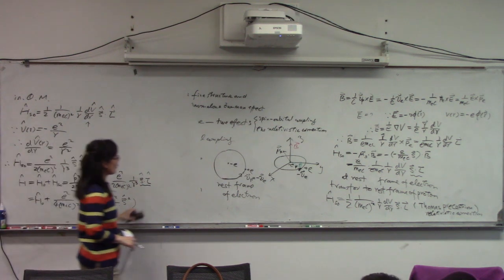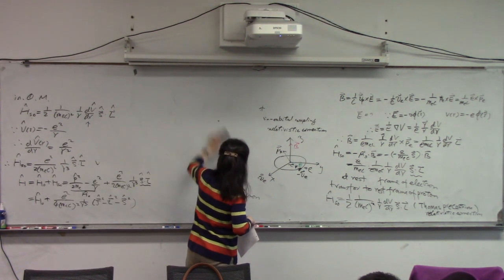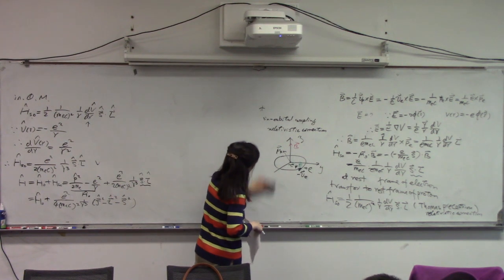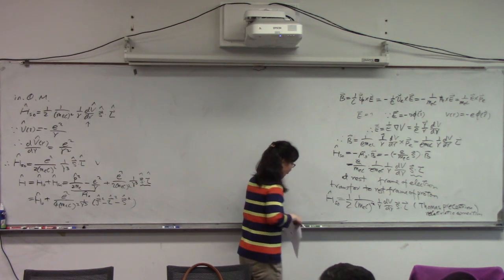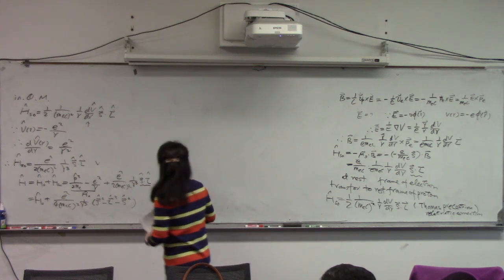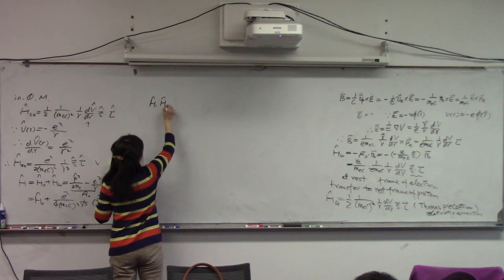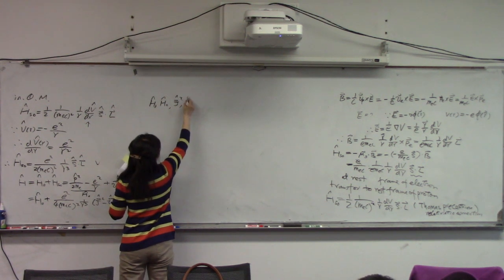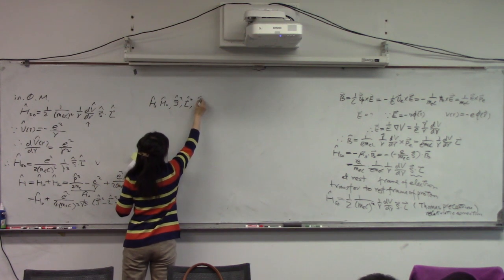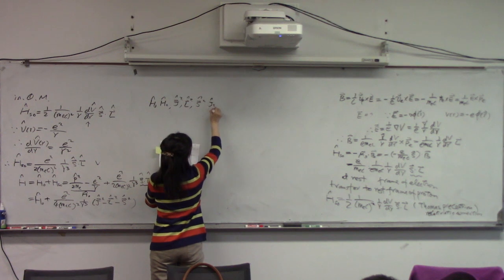Now, let's look at the joint eigenstates. If they commute with each other, then we can immediately find the joint eigenstates. Very easily you can find that correction term. So now, H naught, J squared, L squared, and S squared, and J_z.